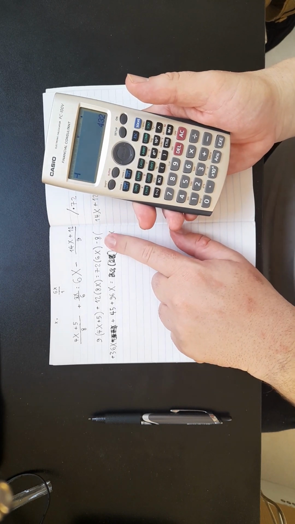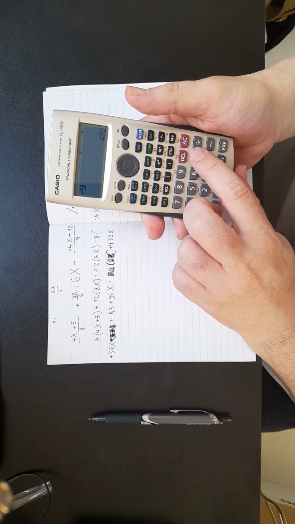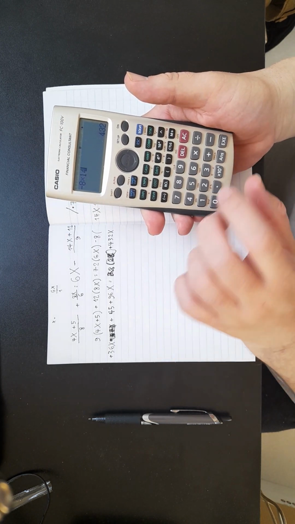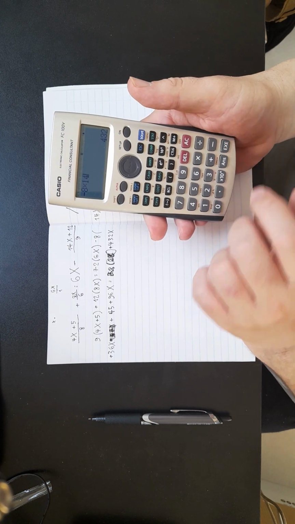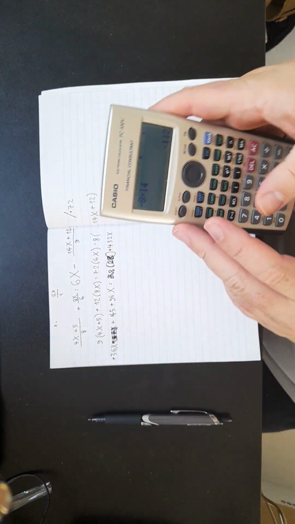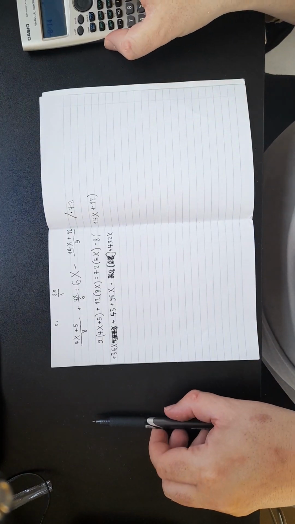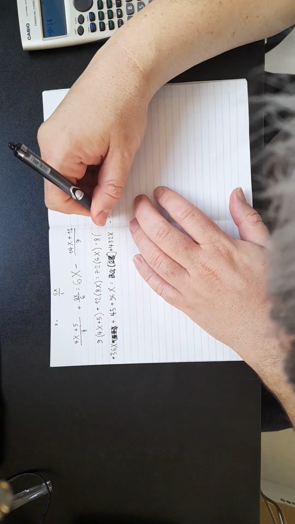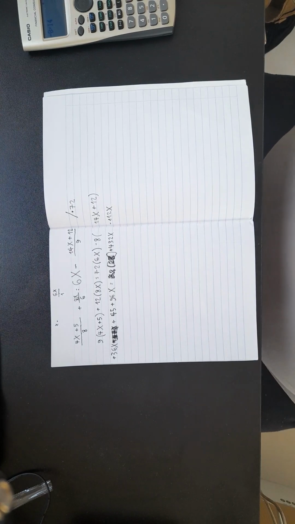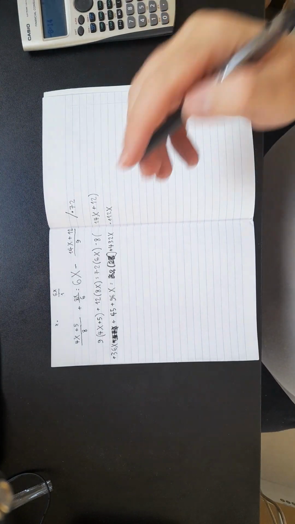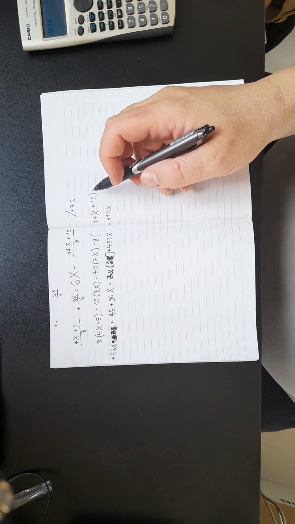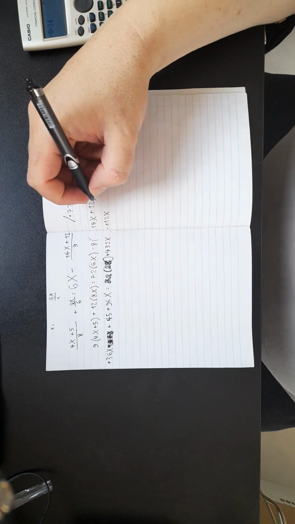Never ever forget this. So negative 8 multiplied by 14x is equal to negative 112x. So I write here negative 112x. And again, negative 8 multiplied by 12 has to be negative 96.